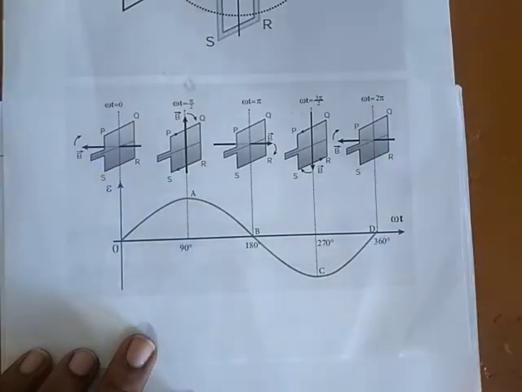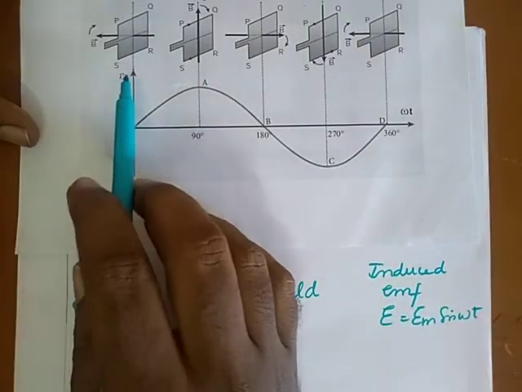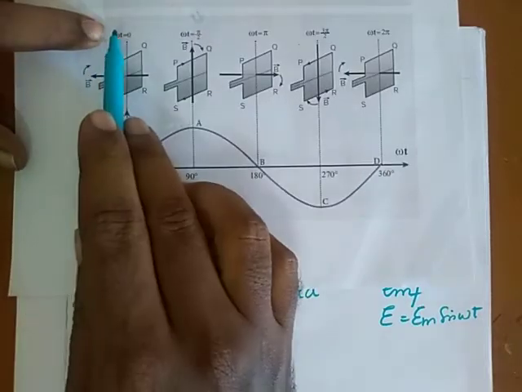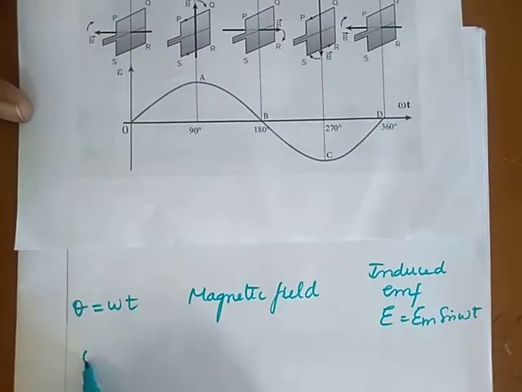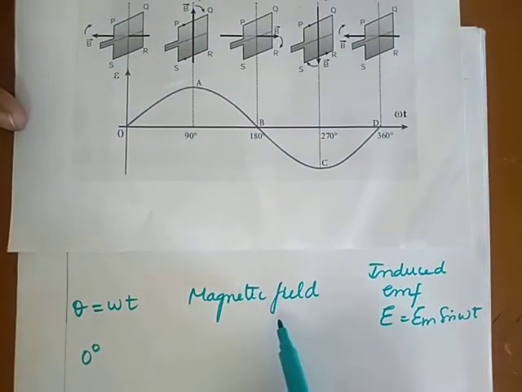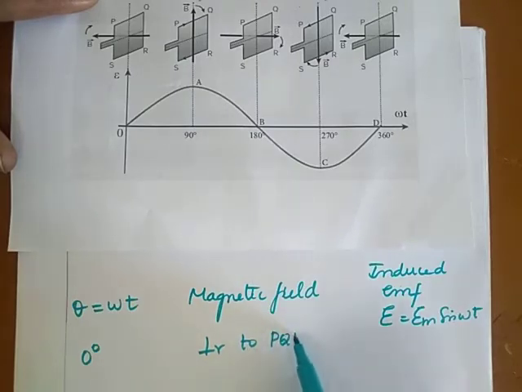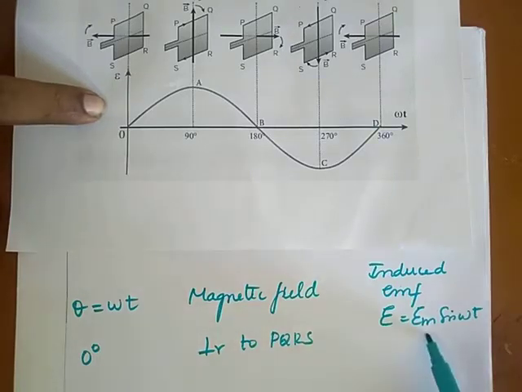See, in the first case omega t, that is the time angle, is 0 degrees. Then the magnetic field is perpendicular to the plane of the sheet, perpendicular to PQRS. For that case EMF will be 0. Then next omega t is rotated through 90 degrees, so it becomes 90 degrees or pi by 2.